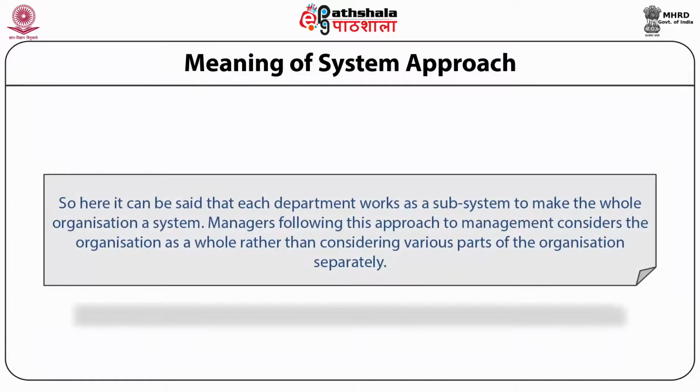So, here it can be said that each department works as a subsystem to make the whole organization a system. Managers following this approach to management consider the organization as a whole rather than considering various parts of the organization separately.